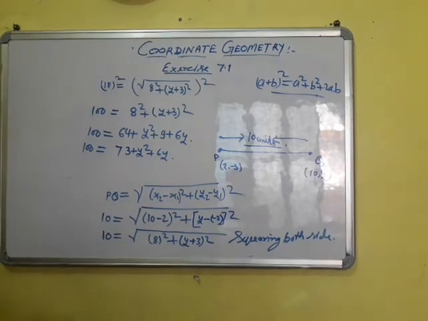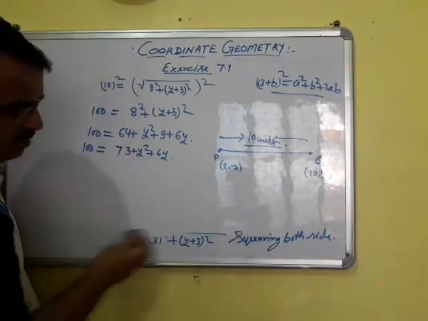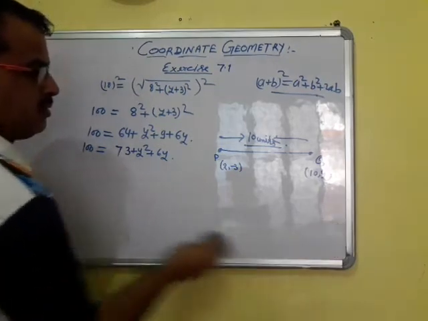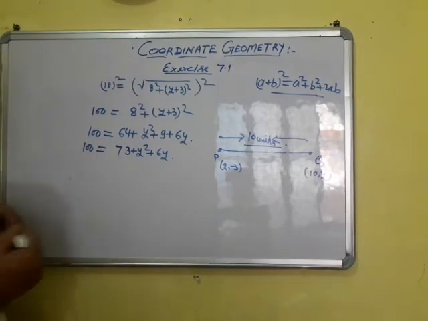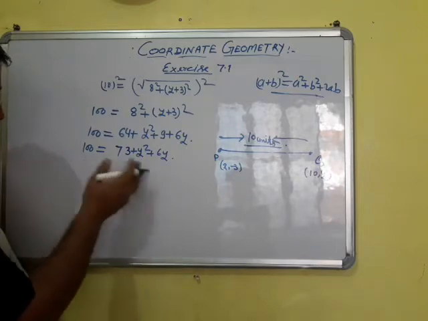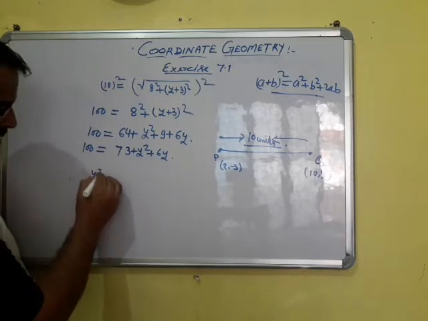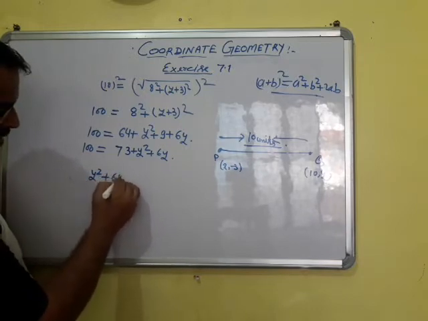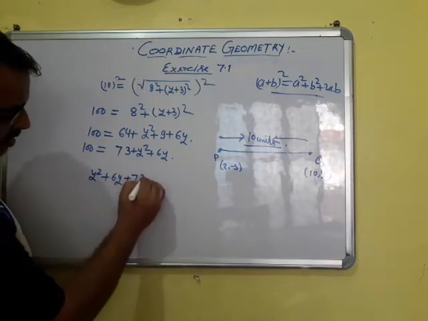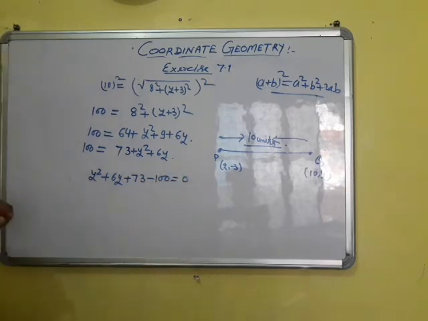Now look here. What we get is this portion comes to that side. So we get y square plus 6y plus 73 minus 100 is equal to 0. Clear?